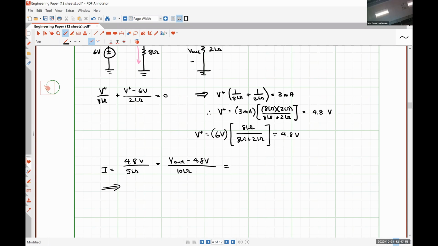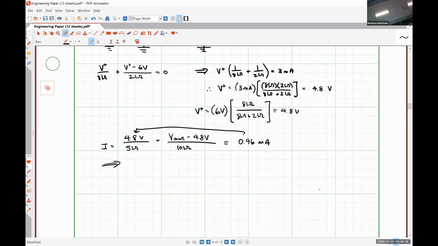So 4.8 volts divided by 5 kiloohms, 0.96 milliamps, right? So that's purely from just this guy right here. There's no unknowns or anything. I didn't have to do any algebra, just evaluating things.